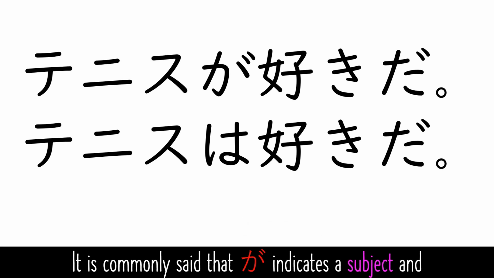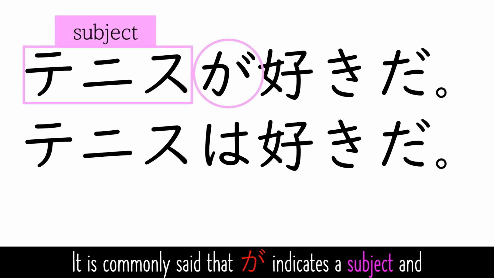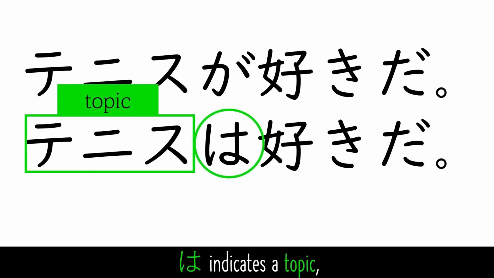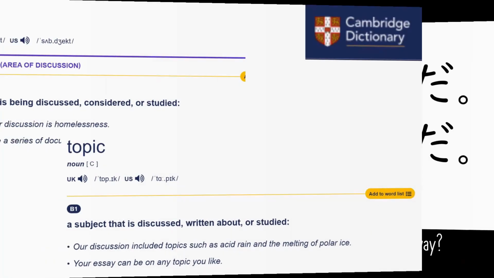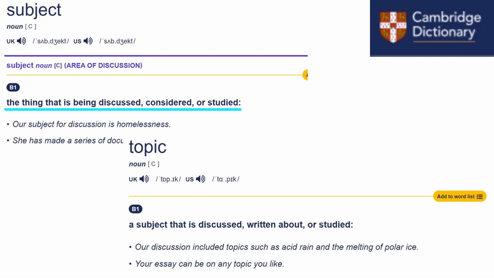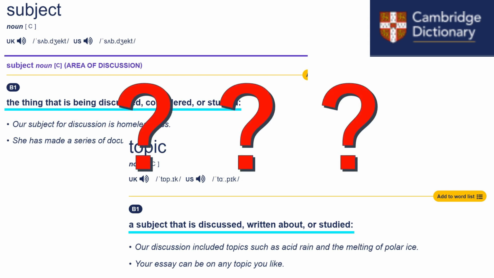It is commonly said that ga indicates a subject and wa indicates a topic, but what is subject and what is topic, by the way? Subject is the thing that is being discussed, considered or studied, and topic is a subject that is discussed, written about or studied. They might confuse you.